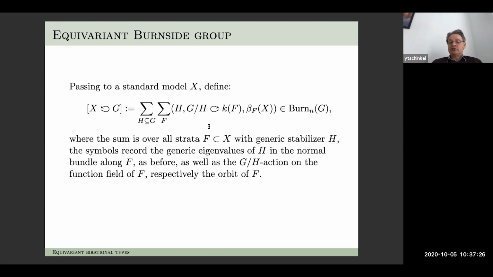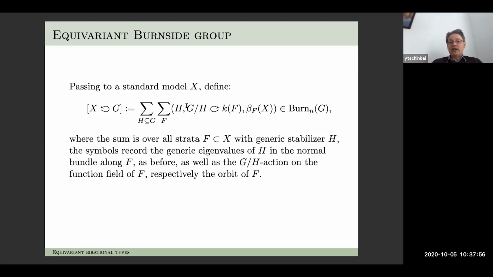So we sum over all strata with generic stabilizer H, and the symbol here records the eigenvalues for H in the normal bundle to the stratum F, so that's this piece. And then it records the action. Well, some of the action could be on the function field of the stratum, but then the strata can also be kind of moved around.